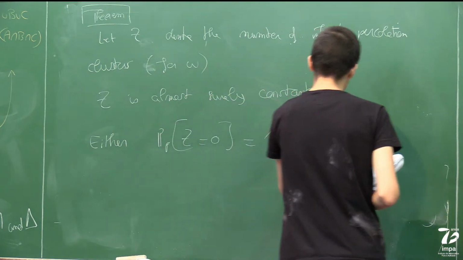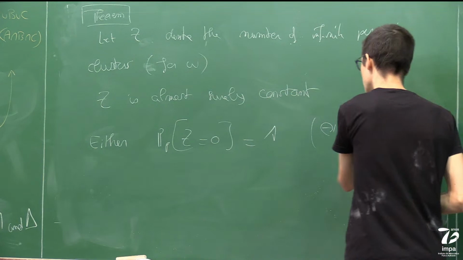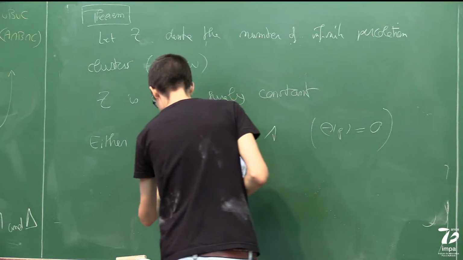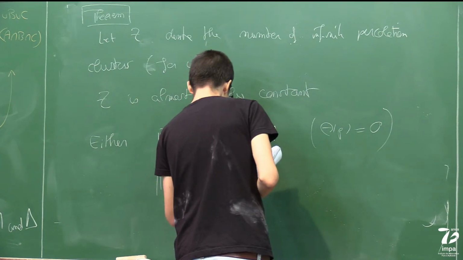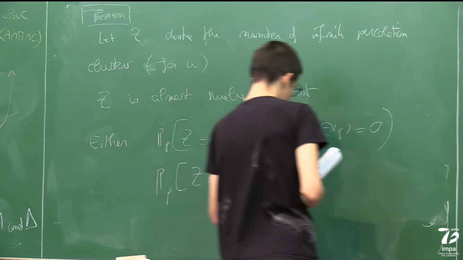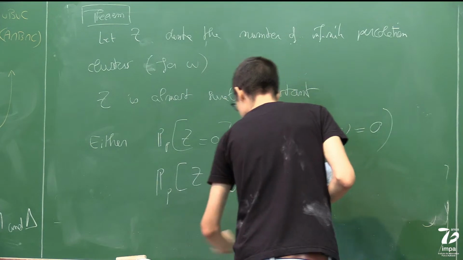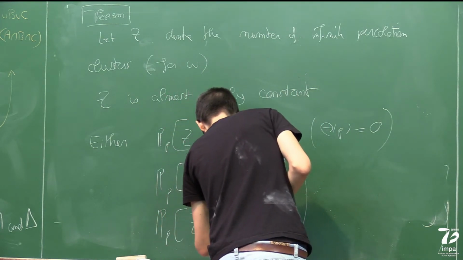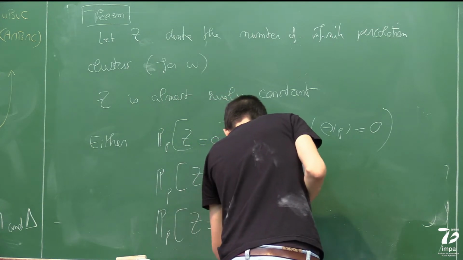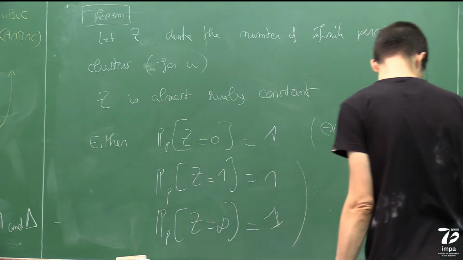So this is when theta p is equal to 0. This is nothing new. Or P_p of Z equal 1 is equal to 1. Or P_p of Z equal infinity is equal to 1.